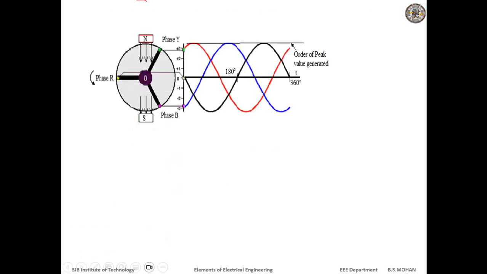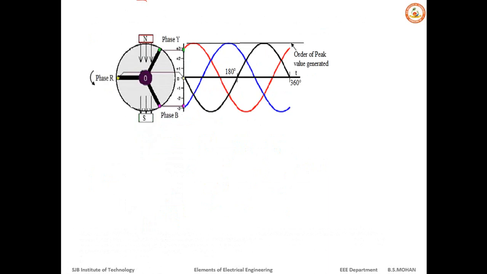Let's take another example. In this example, you can see the rotation has now changed, and the phase sequence has also changed. I want you to pause the video and analyze what the phase sequence is. I hope you have analyzed. Let's verify now.